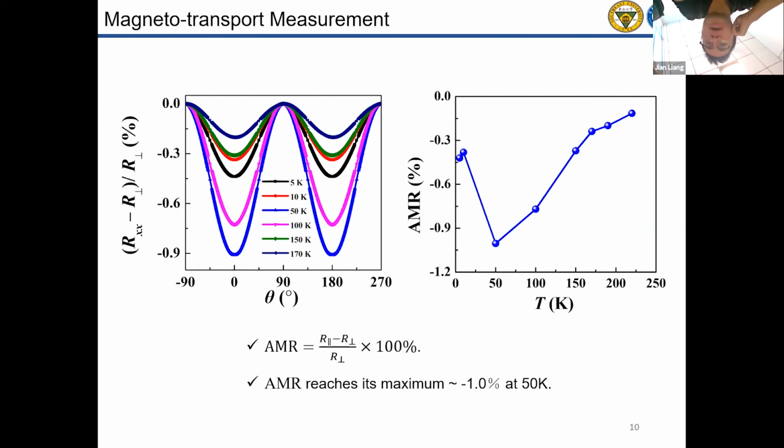It reaches a max value of 1% at 50 Kelvin, which we suspect is related to the Kondo effect, but further study is necessary.